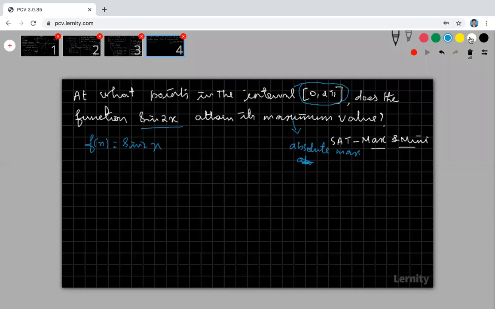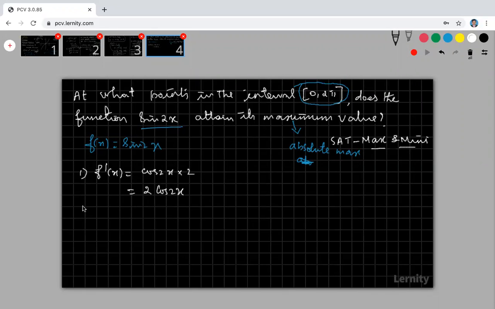So I am going to follow the absolute maximum, absolute minimum procedure. What is that procedure? First step is find the derivative. The derivative of sine 2x is cos 2x into 2, so this is 2 cos 2x.